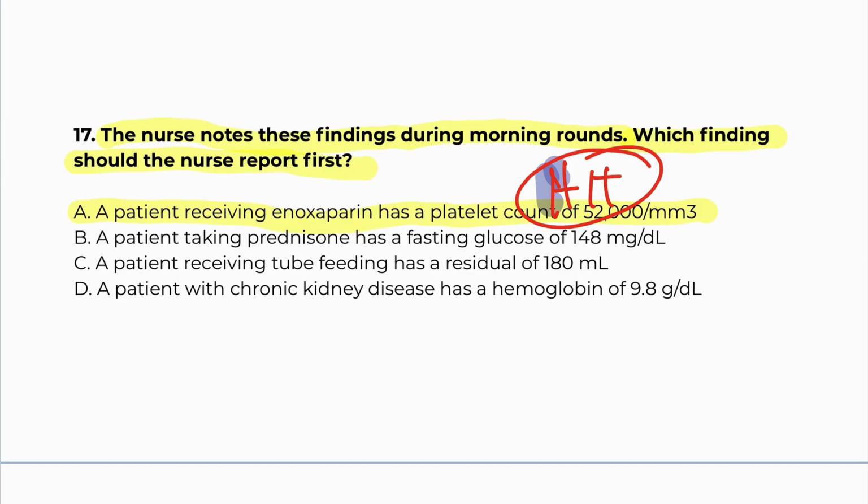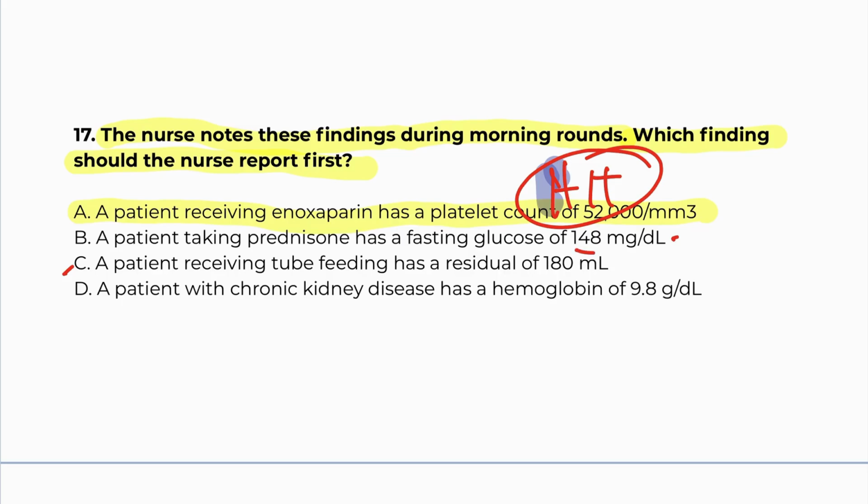And then you do letter C, right? If you have these four patients, the next thing you need to do is letter B. It's a little high. It didn't say whether the patient is diabetic or not. If this is a non-diabetic patient and prednisone is given, that's high, although that's expected, right?